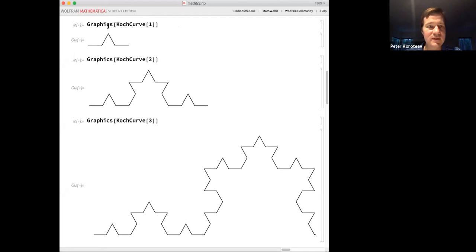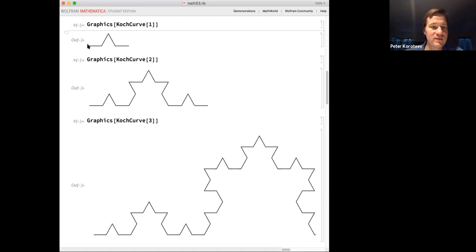So this is something that is called the Koch curve, right? It's over here, and it's a shape that can be obtained by iteratively applying a certain operation, which I'll explain in a second. At step 0, you just have a piece of horizontal line, the horizontal segment.